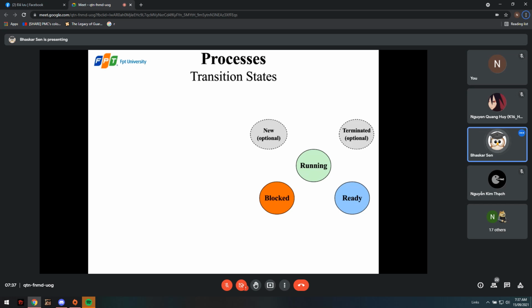A process is currently blocked. The operating system wants to kill it, or wants to terminate it.